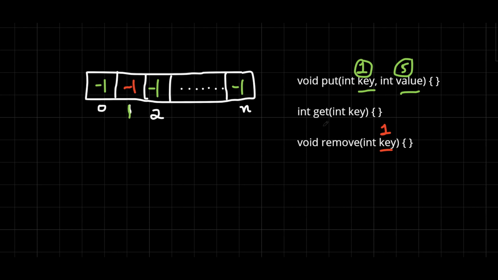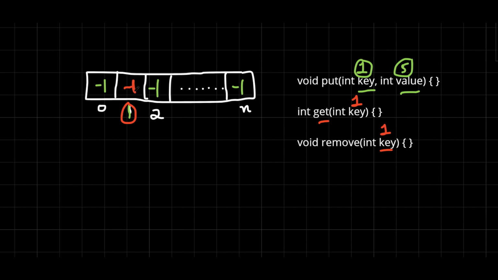Now we have to make the get method. Here the get method parameter is a key. Suppose the key is 1. That means we have to take the corresponding element present at this index. So here the value present at this index is -1.